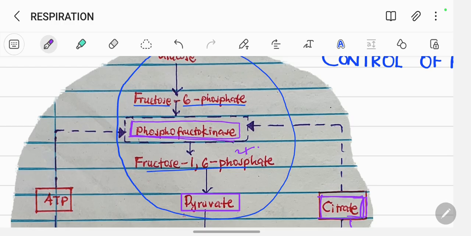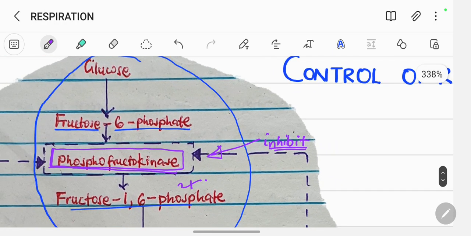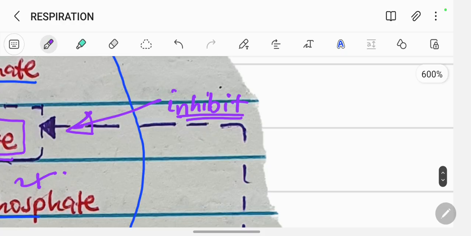This is one example of end product inhibition. So citrate is going to inhibit the progress of glycolysis.